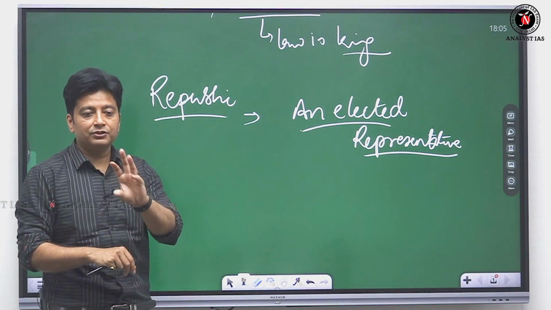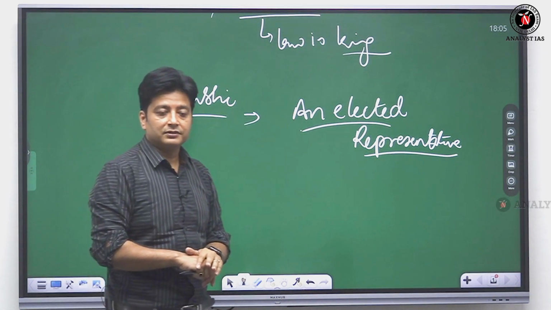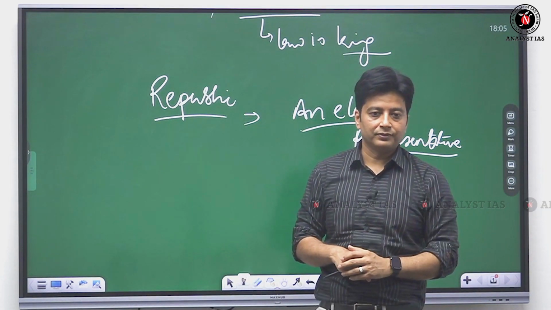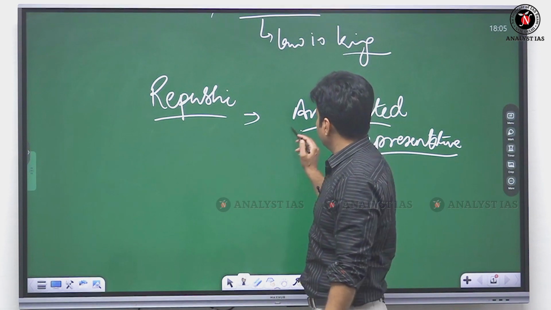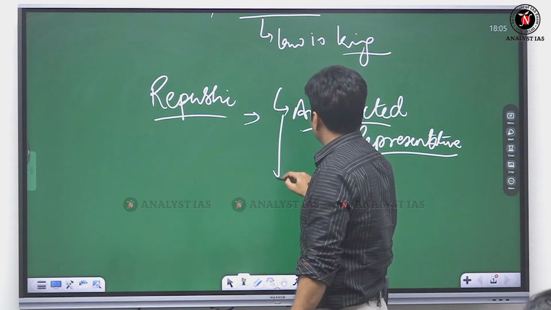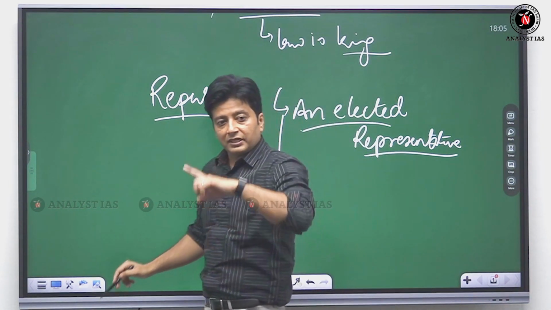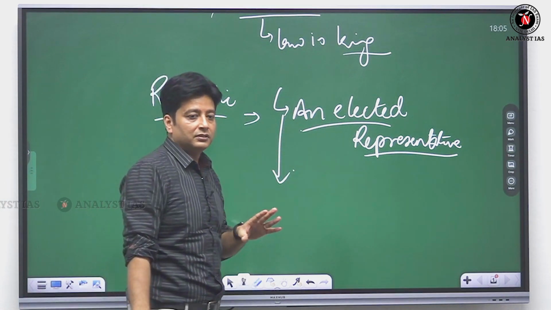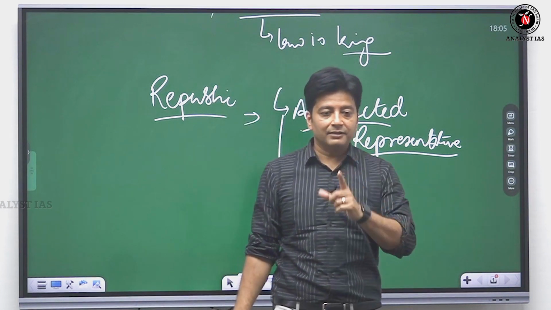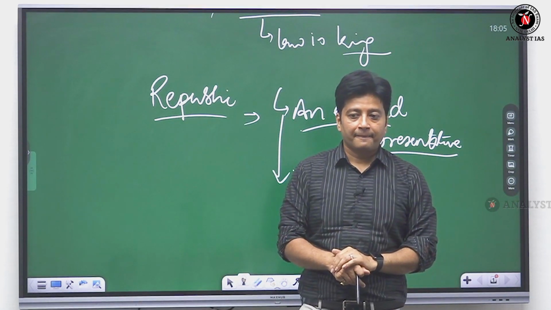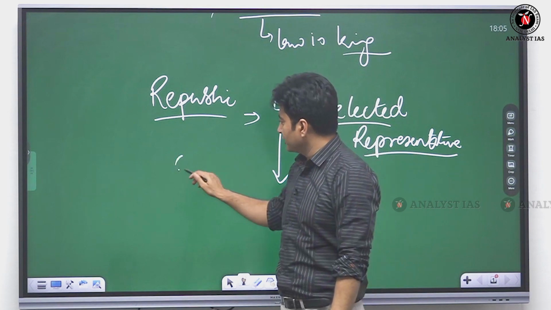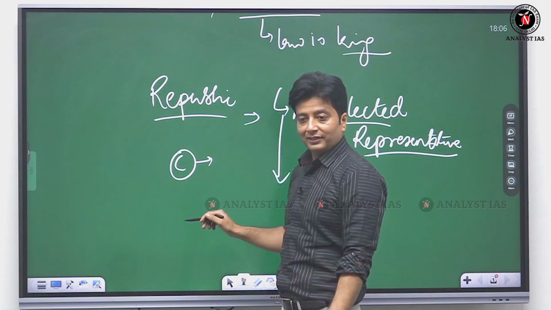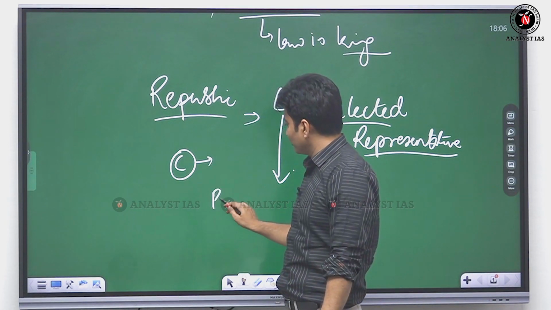This is the nominal, or you can say gestural difference, just for the academic taste, for your exam point of view, right? Now, republic is having a different sense, which is connected to who is supreme, the constitution or the parliament. Here in India, constitution is supreme, but in the UK, it is parliament which is supreme.